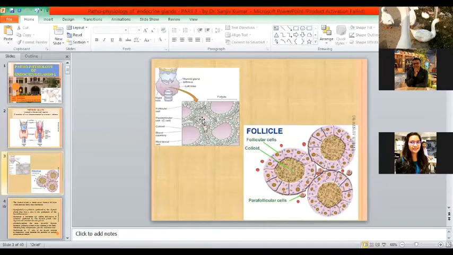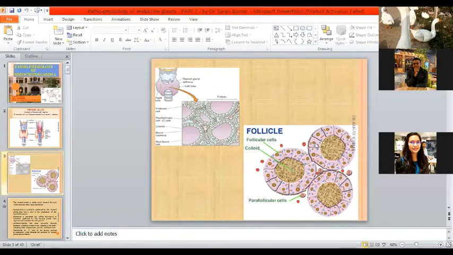If you remember, during your competitive exam preparation, you might have seen that the thyroid gland is made of follicular cells. In this diagram, you can see these follicular cells. These are the follicular cells of the thyroid.